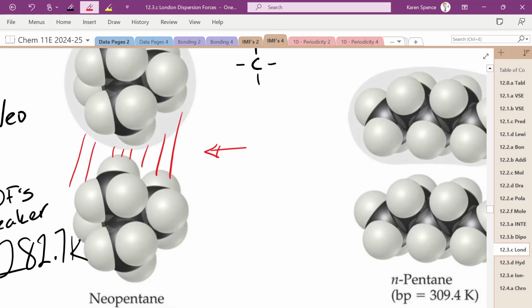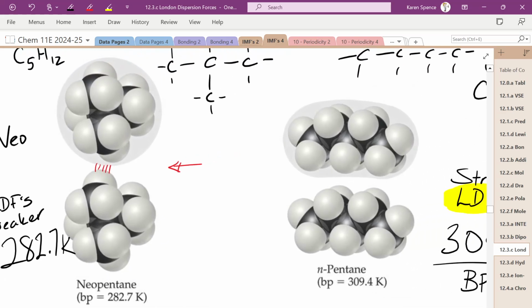Or would you draw it like that? Yeah, you have a greater surface that comes in contact. So if you have a long, skinny molecule, you have a greater surface area.